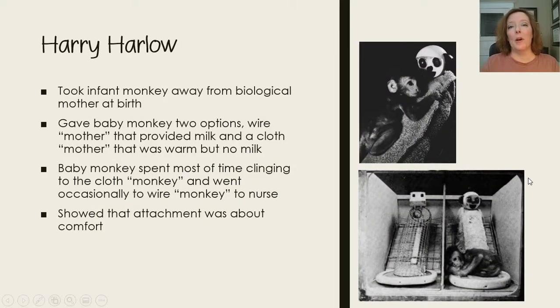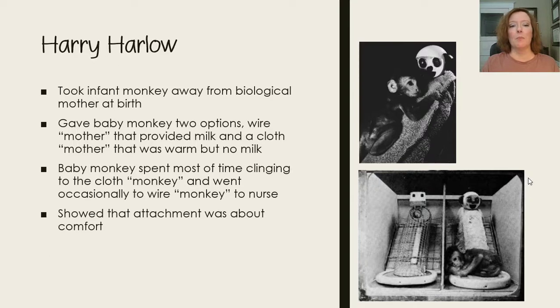Okay, so we're going to talk about Harry Harlow and his research. In this research, Harry Harlow took infant monkeys away from their biological mothers at birth, and he gave the baby monkeys two different options. One was a wire mother. It was built to kind of resemble a mother, and it provided milk. They also had the choice of a cloth mother that was warm. It was usually covered in some type of fuzzy material like terry cloth, like towels, and it was warm, but it didn't have any milk.